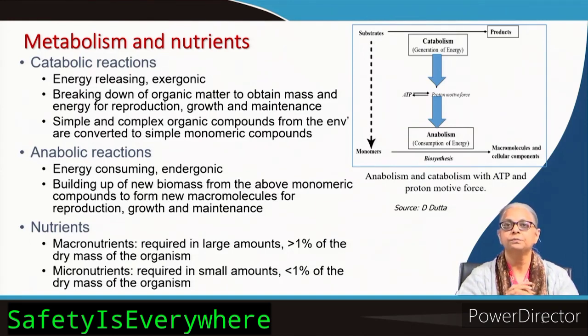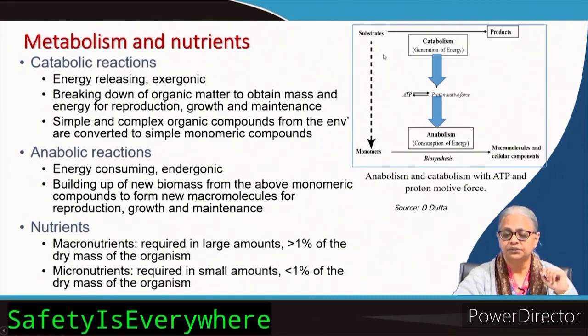Now different organisms obtain their energy in different ways. The food is different, okay? All organisms do not eat the same food, they do not utilize it in the same way, and we're going to look at how different organisms derive energy from different substrates.